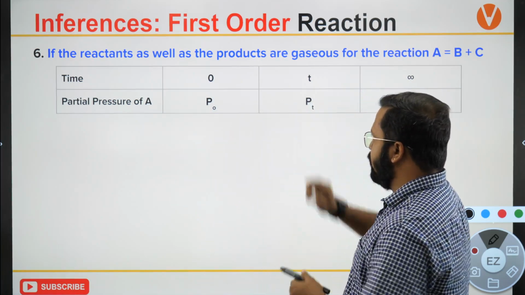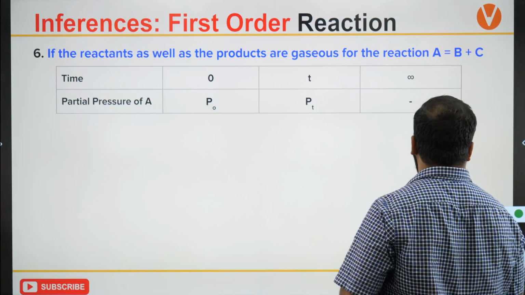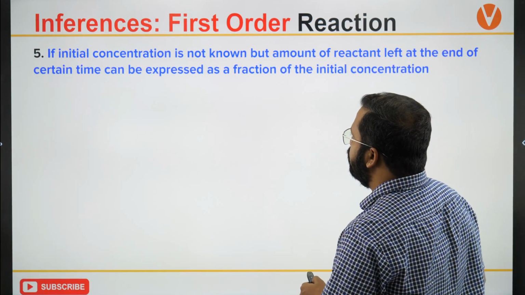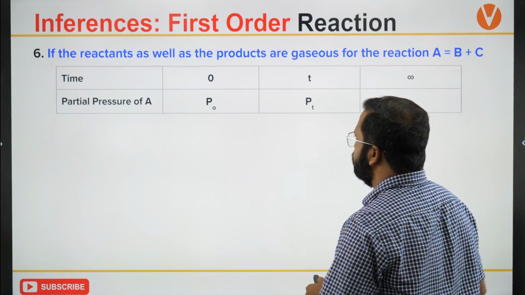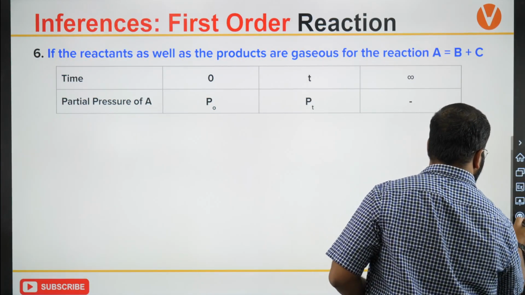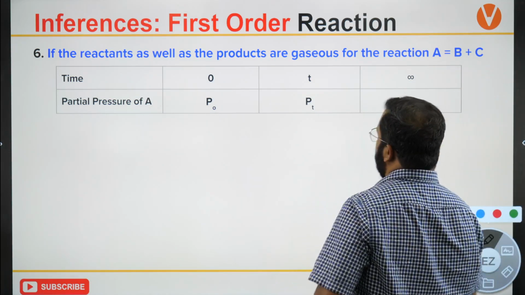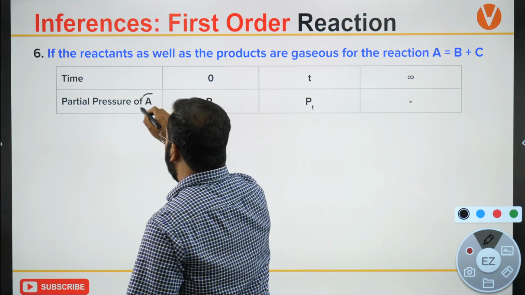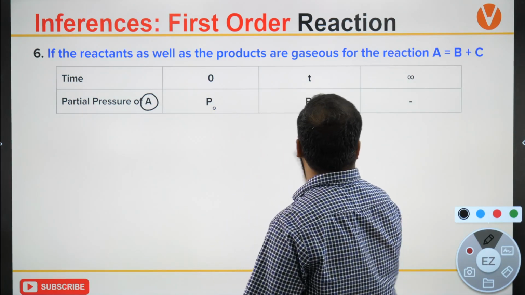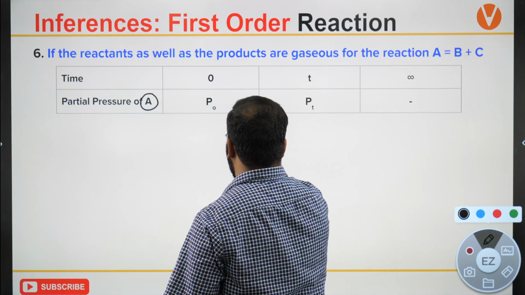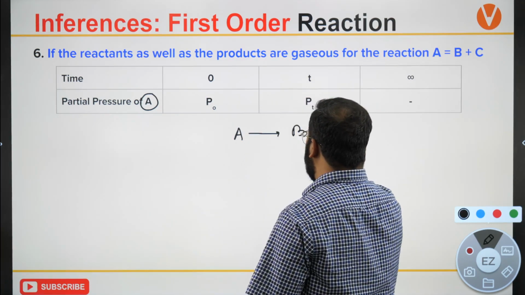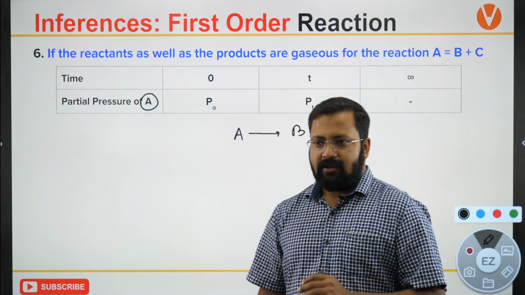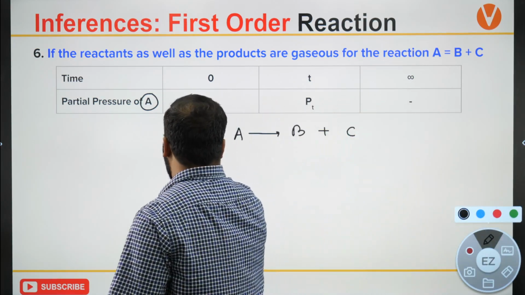So what is given to us? The information that is given to us is the partial pressure of A. Let's say the reaction takes place like this: A changes to B plus C. For gas we use only pressure.